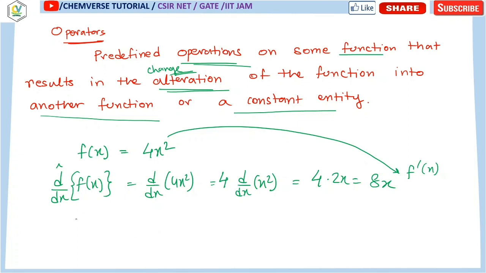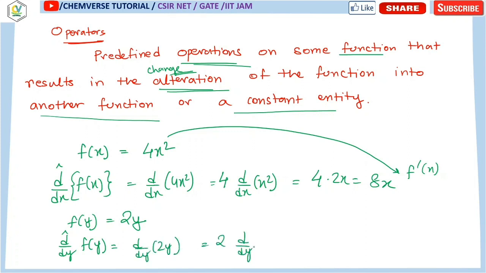Another case: suppose you are taking another function f(y) = 2y. Now if the d/dy operator is operated over f(y), you will get d/dy of 2y. 2 is a constant, and d/dy of y is 1, so the answer is 2.